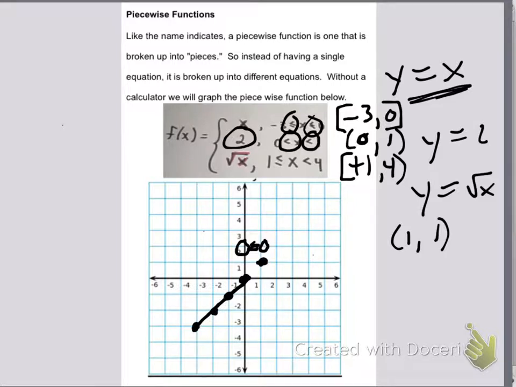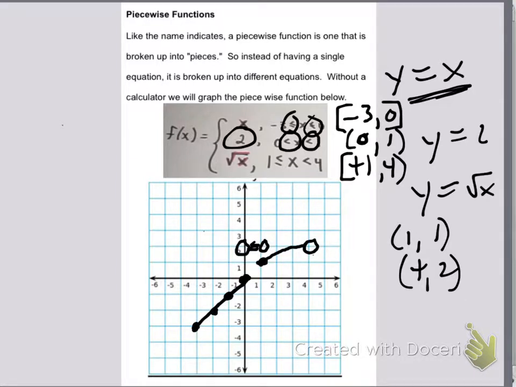Notice there's a hole, but it got filled in below. If I plug in 4, I get 2. So here's 4. Now I put a hole at 4 because 4 is not included. Point's 4, 2. Here we go. And this is a curve, so it goes like that.